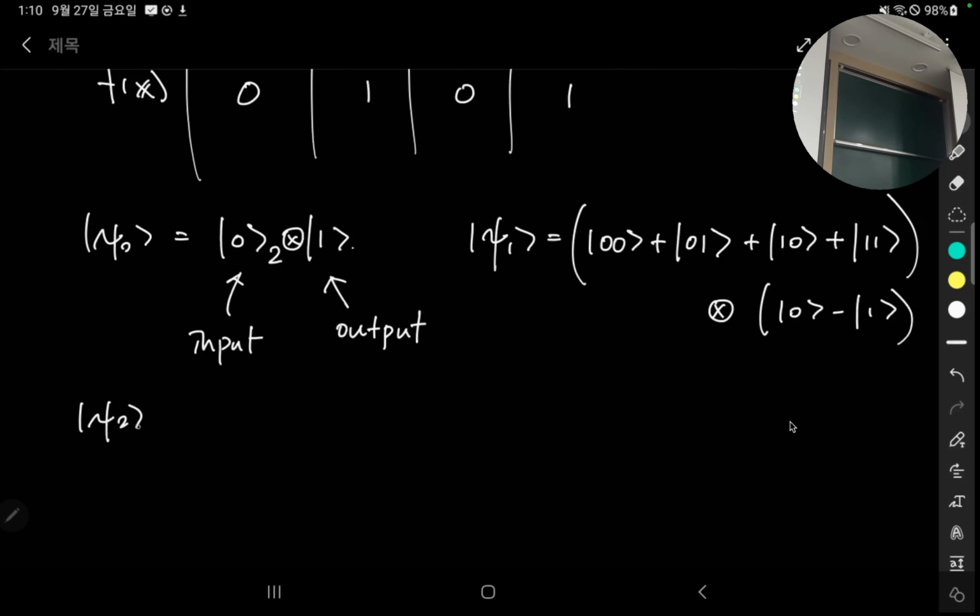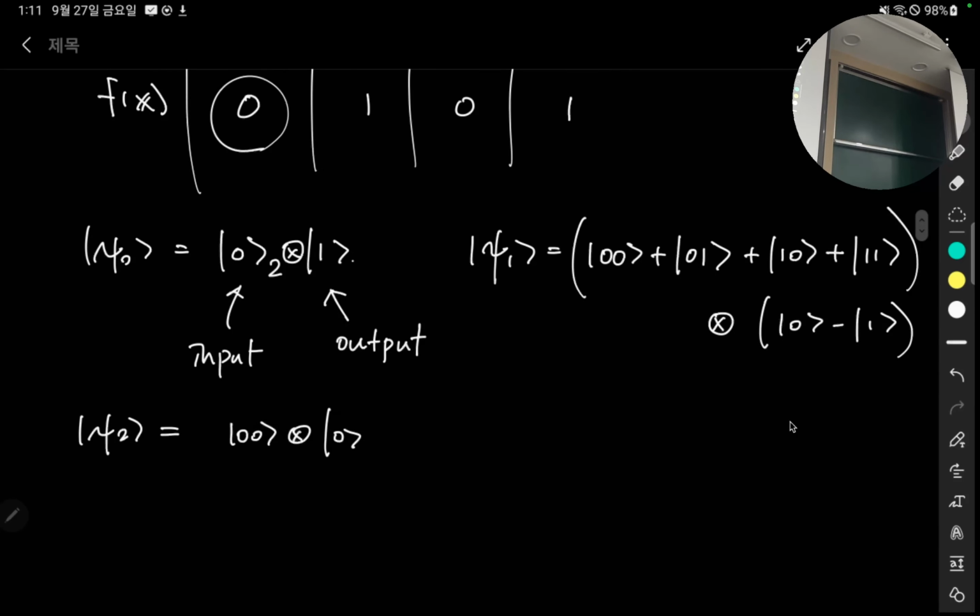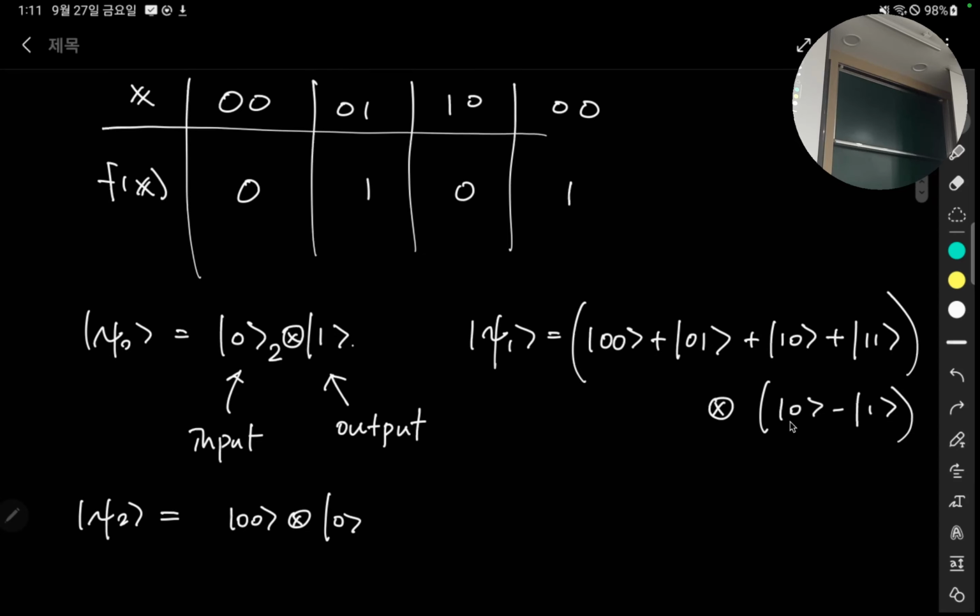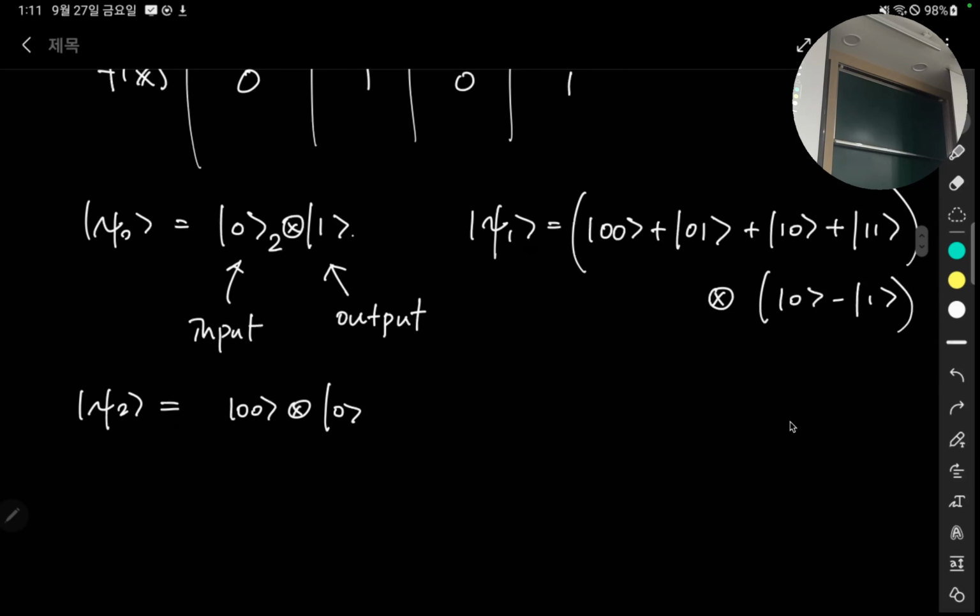Let's try to take the oracle. The oracle says, depending on the value, I change the output register. So 0, 0 becomes 0 because we have 0 value here. And 0, 1, oh sorry, forget about this.